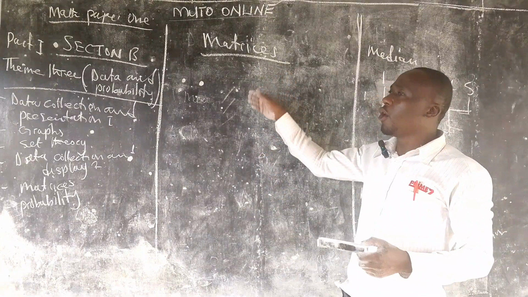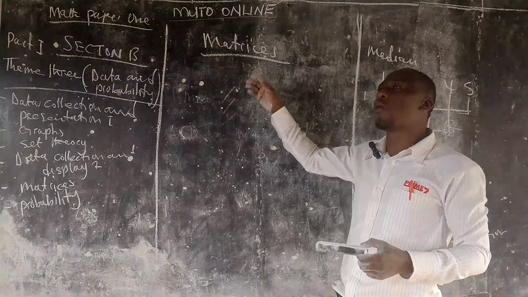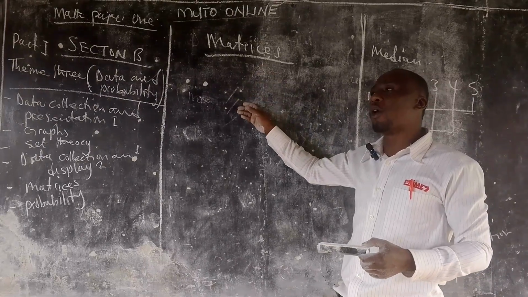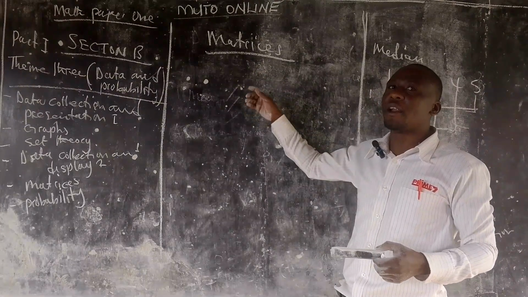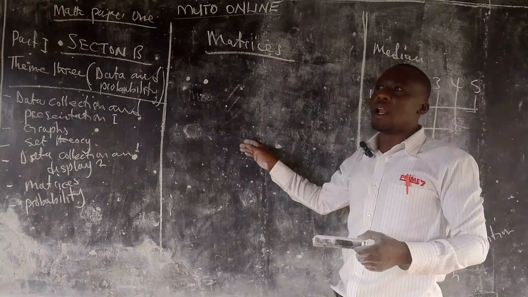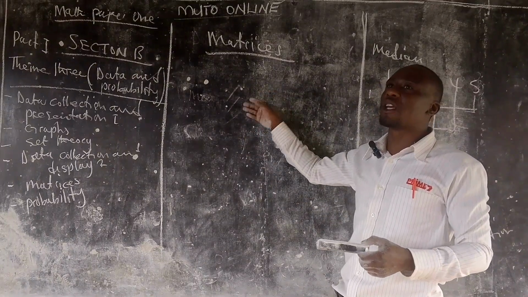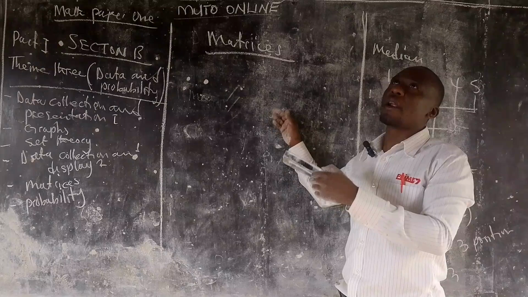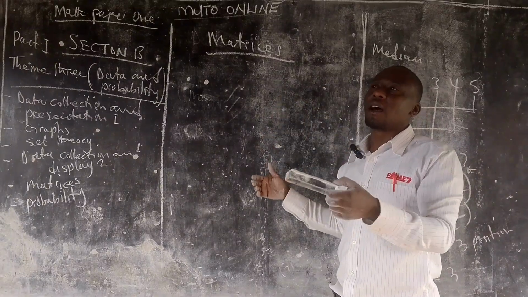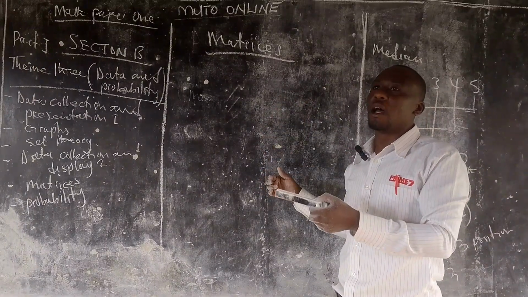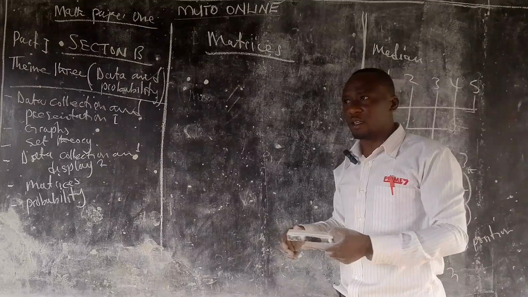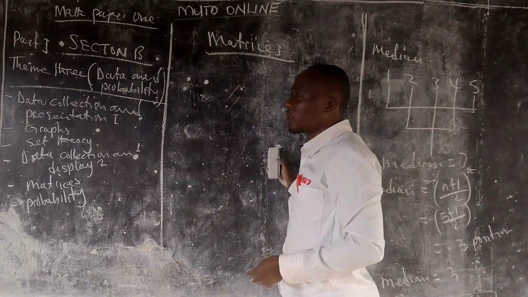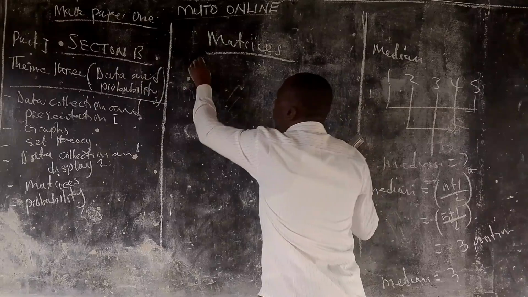They will tell you those schools, and they will tell you that a winner is awarded 3 points, a draw 1 point, and a loser 0 points. Then they will tell you that each team has played 4 matches. Please, can you arrange that data and tell us who is the winner and with how many points? So from there you have to use this matrix, where we use row by column.